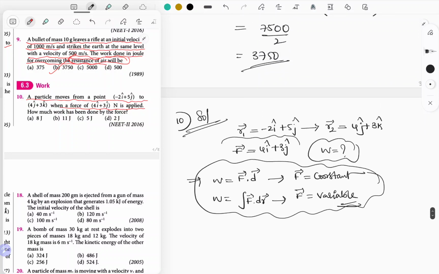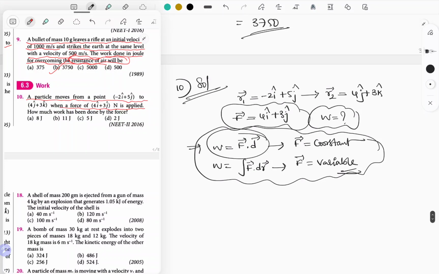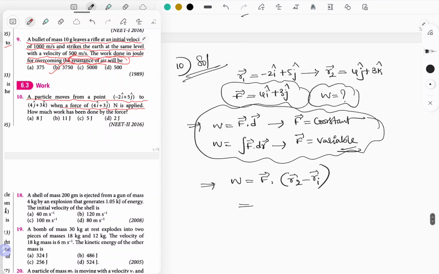So here we have a constant force. Then which formula do I have to use? This is the formula, W is equal to F bar dot D bar. D bar is the displacement, final position minus initial position. So let me substitute those values directly.